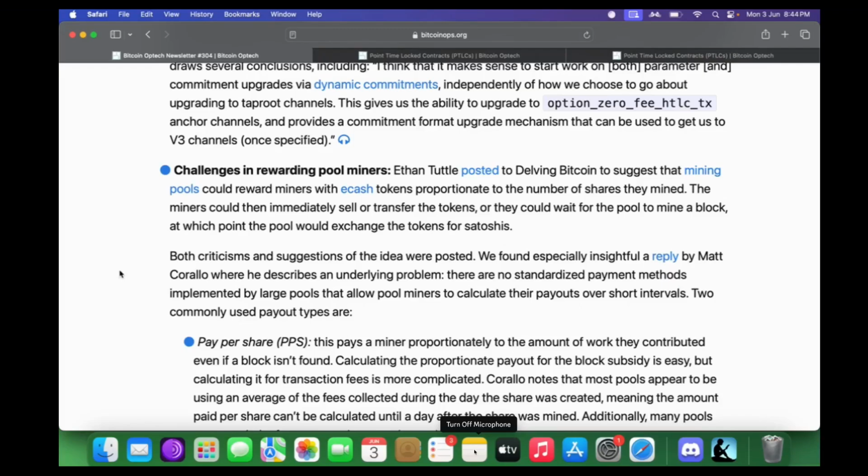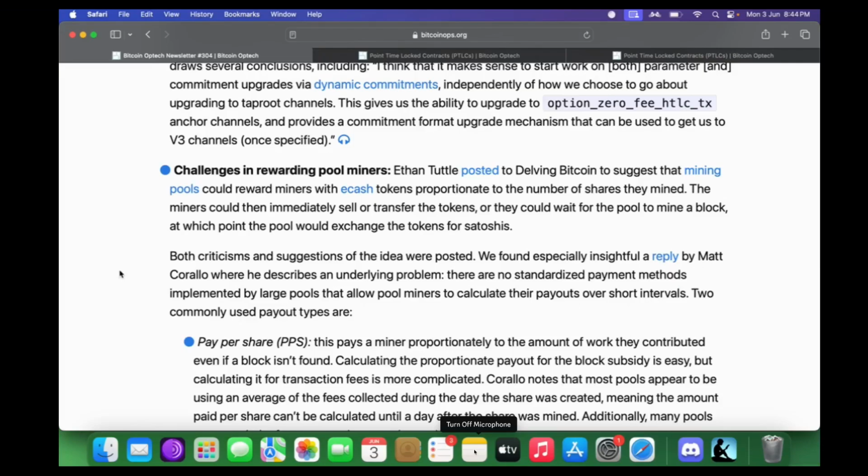If the miners want, they can sell those eCash tokens to somebody else for bitcoins, or for sats on the Lightning network, or for liquid BTC. And if they don't want, they can keep possession of those eCash tokens, and when the miner actually finds a block, or when their payout reaches a certain threshold, the solo miners can return those eCash tokens to the mining pool, and the pool can then pay them in bitcoins.